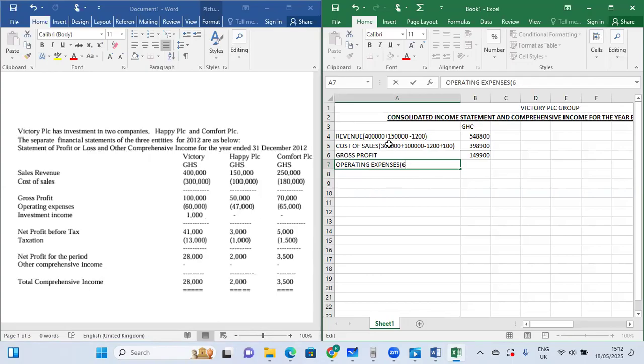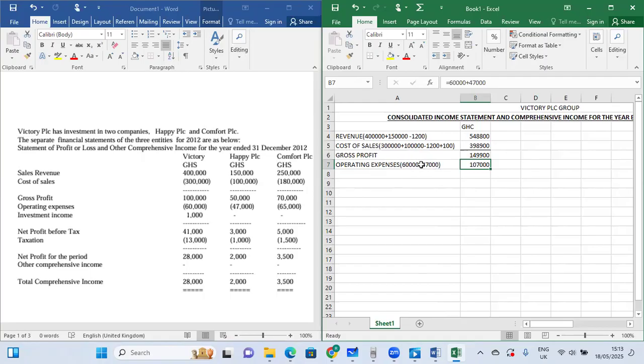So 60,000 plus 47,000 equal to 60 plus 47, right? Now we can take it out straight from here, or you can choose to include the impairment loss also in the operating expenses.